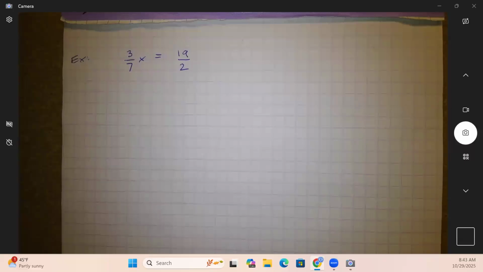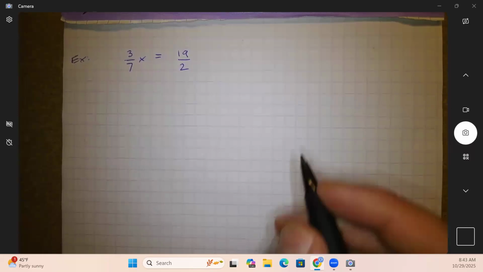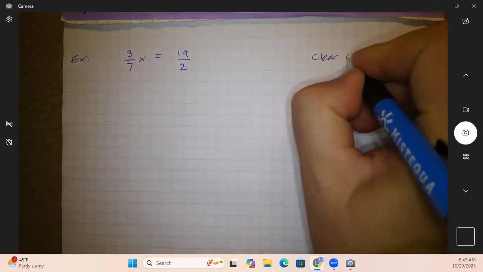What do we want to do in this question? Yeah, we want to clear this coefficient.